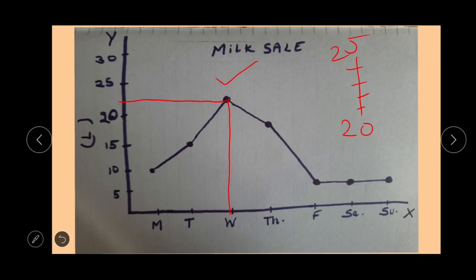We can say this is maximum on Wednesday, which is near about 23 liters. And then it starts to fall on Thursday. And on Friday, it quickly fell down. And from Friday to Sunday, this is constant, stable. When you see a straight line, it means this is not falling or rising. This is stable, constant.